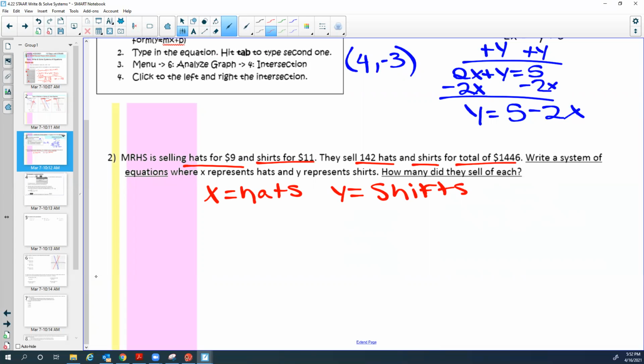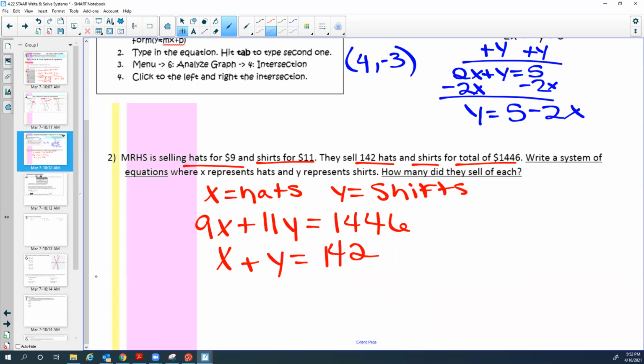If that's the case, I need to write myself a system, 2 equations that represent everything I've been told. Well, I've been told hats are $9 and shirts are $11, and they equal $1,446. I've also been told that the number of hats and the number of shirts were equal to 142.